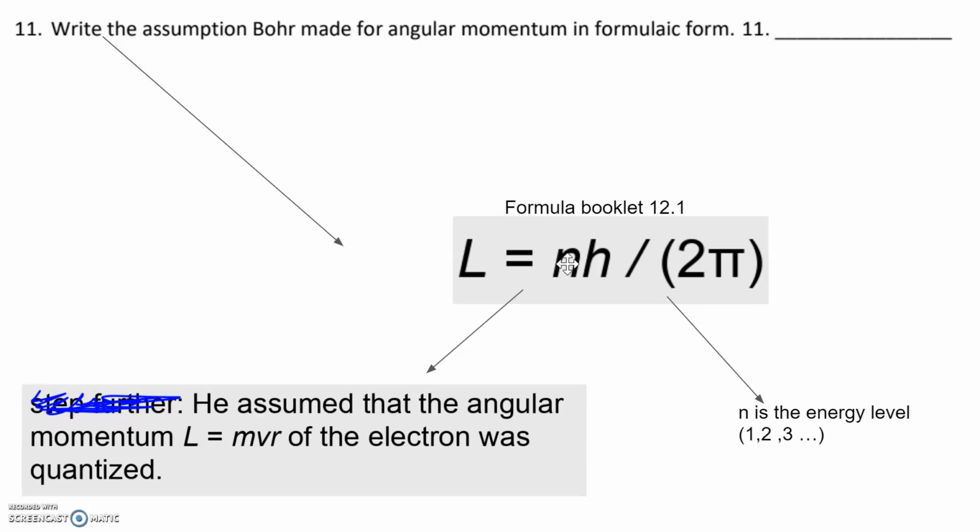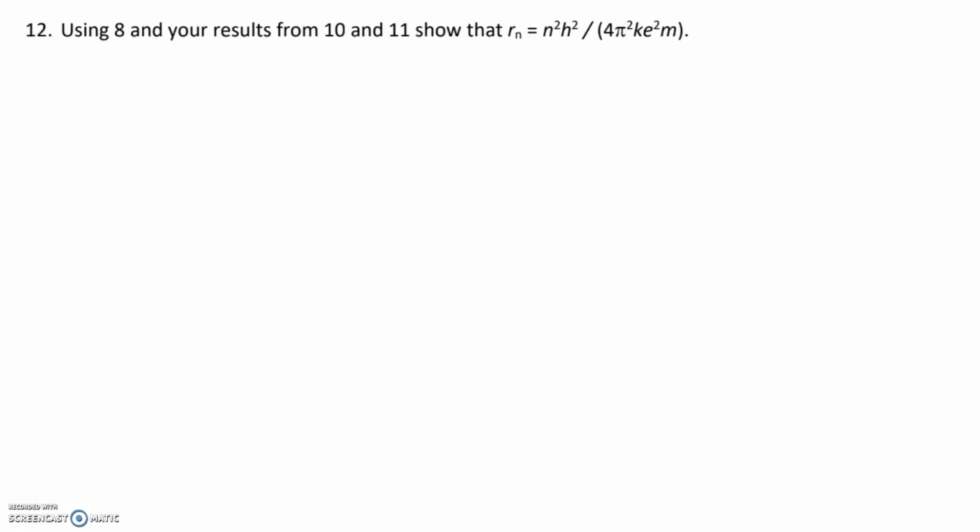The n here is the quantum number or the energy level, which is the quantized part of this equation. It can only be an integer. There isn't energy level 1.2, 1.3, and so on. You get the idea. On to the next question, question 12.